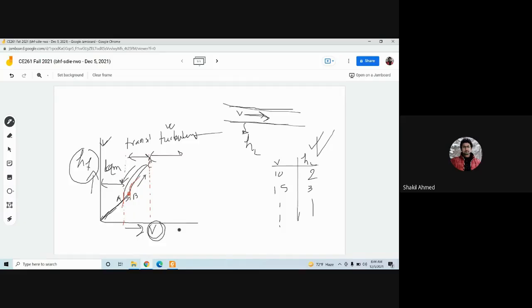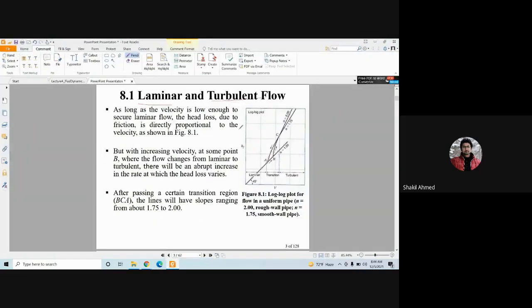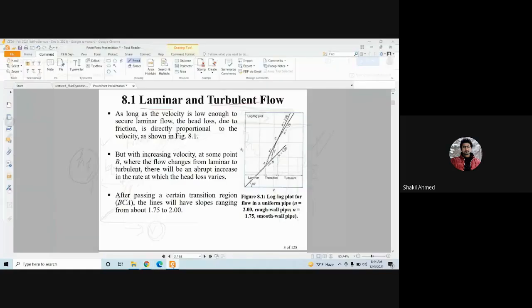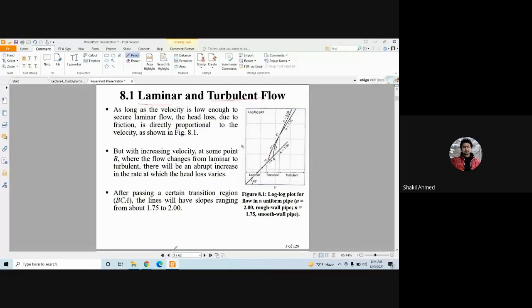Okay, and if you go beyond C, then it may take the form like this or this or this, based on the roughness of the wall of this pipe. Okay, clear, guys? Yes, sir.